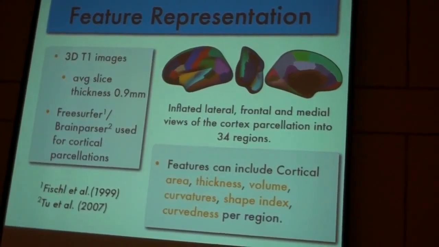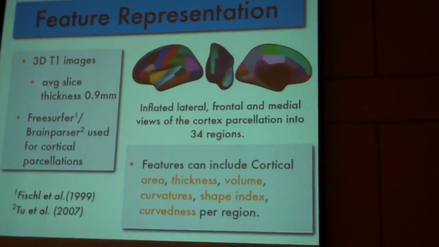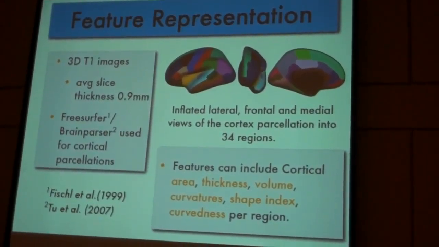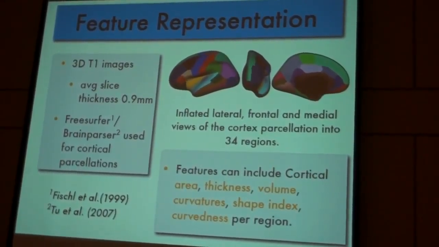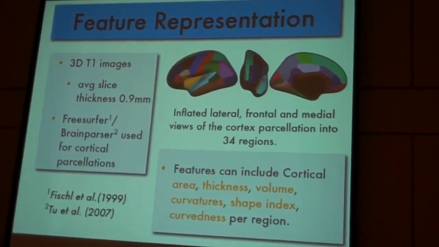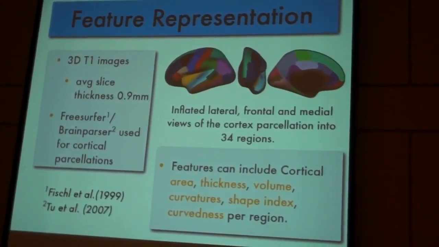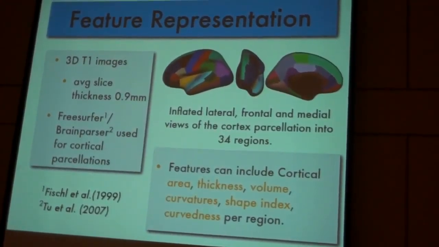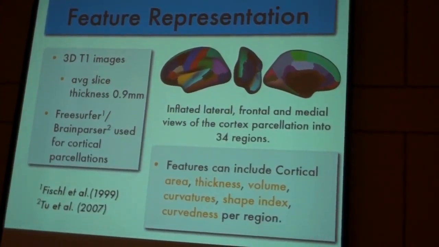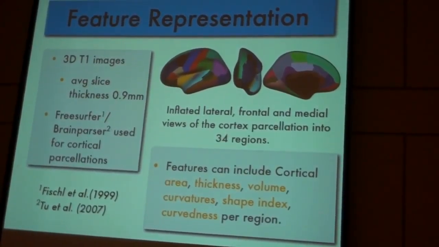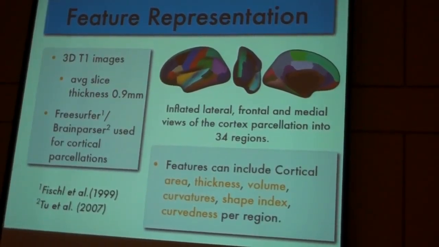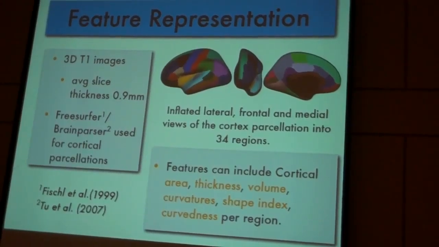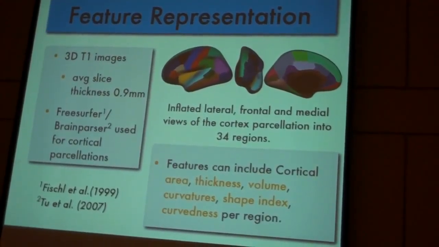So what we are interested in doing is dealing with cortical representation for the brain, parcellating it into different regions based on either functional atlases or any other atlas that you might have, measuring different features such as the cortical area, thickness, volumes, curvatures, functions of curvatures such as shape index, curvedness, etc. for a region, and analyzing the variation of those features by using distributions.